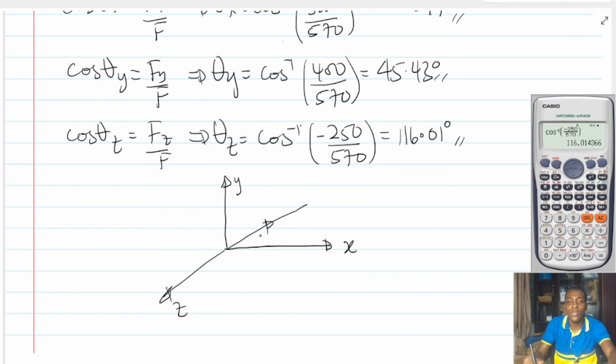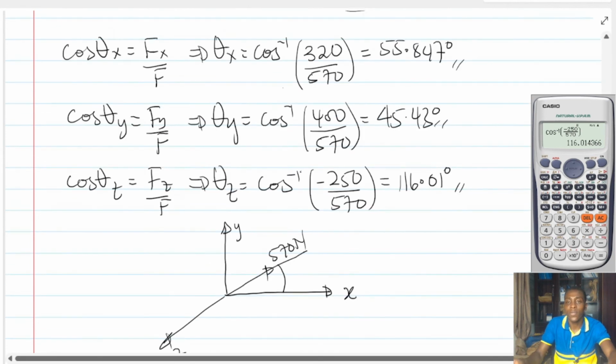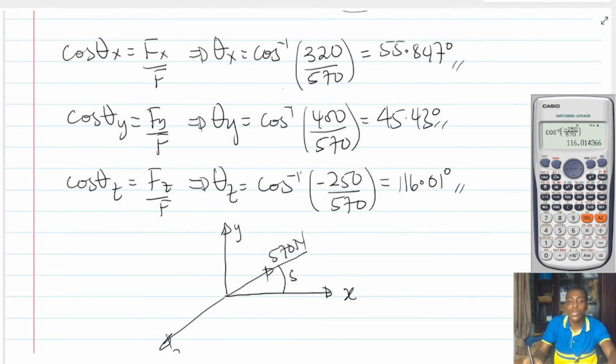We are saying that this force has a magnitude of 570 newtons, and it makes an angle of 55.847 with the x, an angle of 45.43 with the y, and an angle of 116.01 with the z.